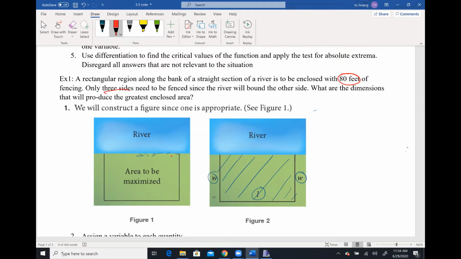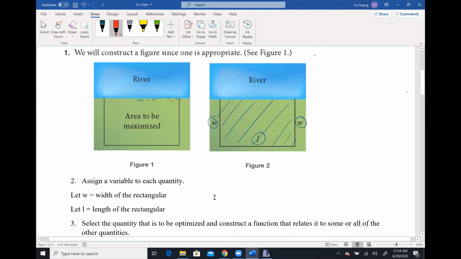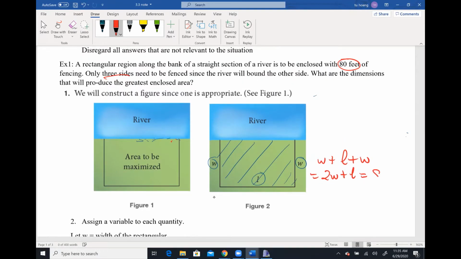What does that mean? According to my figure, I have this one width plus this length plus another width is going to be equal to what? 2 width plus length equal to 80 feet, right?